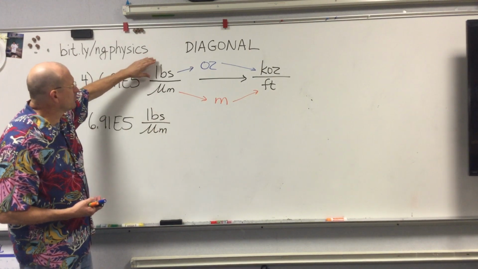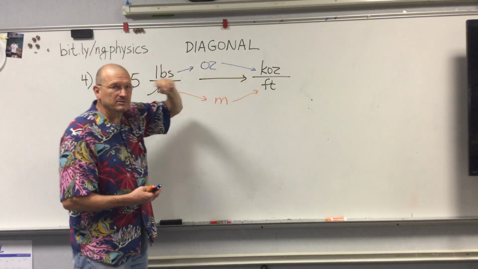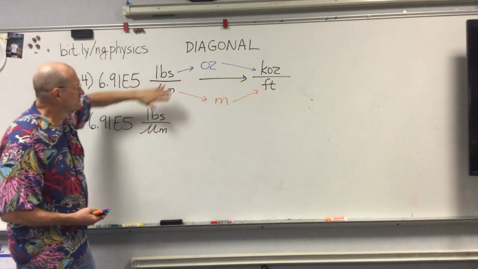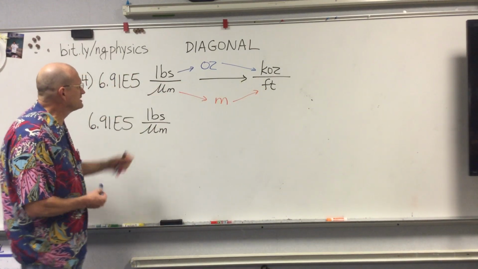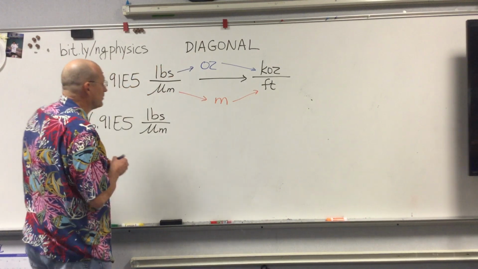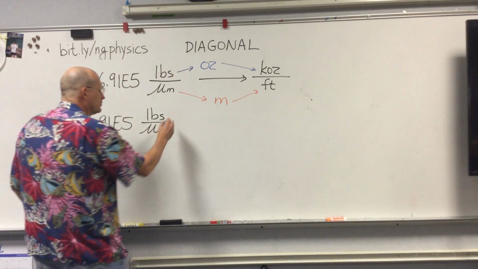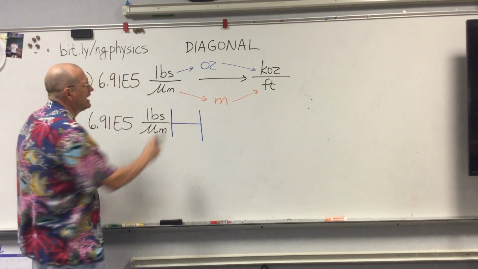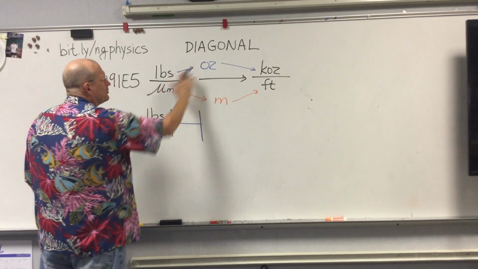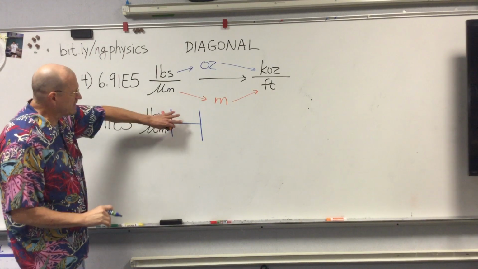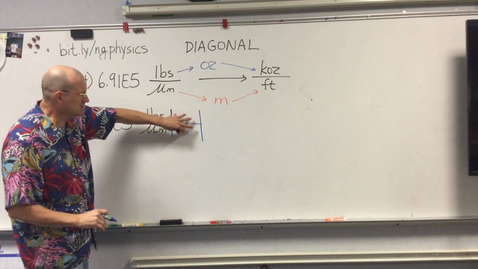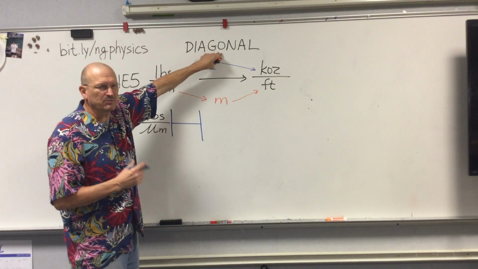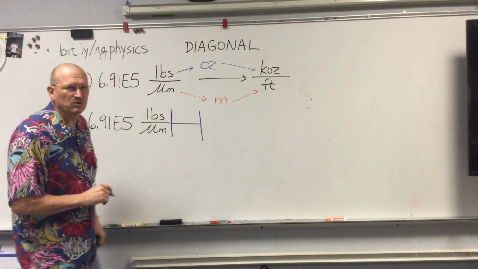So if we're going to start by taking our pounds to kilo ounces, we just don't worry about this for the moment. So if I need to go from pounds to kilo ounces, I'm going to do this in blue. I can introduce one of my magic H's, and my first step is going to go between pounds and ounces, so I need pounds and ounces in this magic H, but remember, we have to have units that we want to cancel be diagonal from each other.